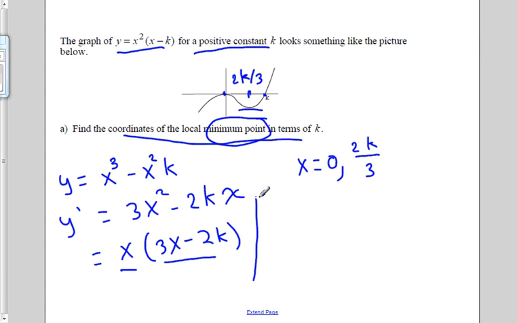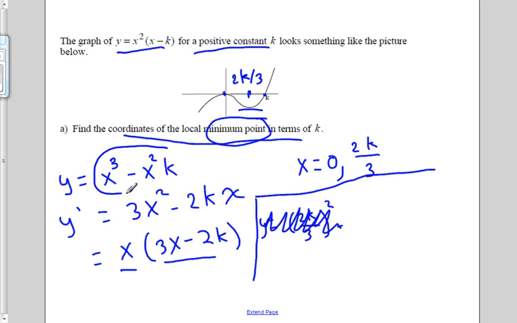So my function, evaluating it for x equals 2k over 3. So we get 2k over 3 squared minus, well, you know what? Let's just use this function that I found already, the simplified expanded version.